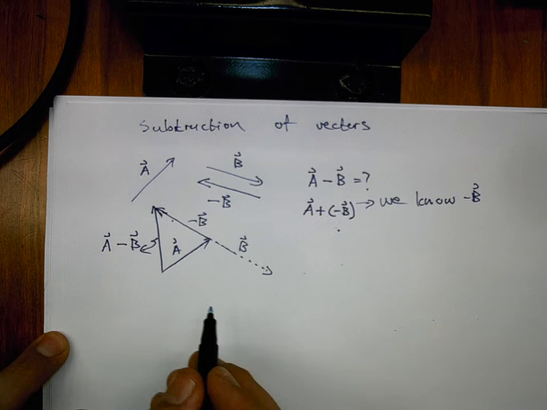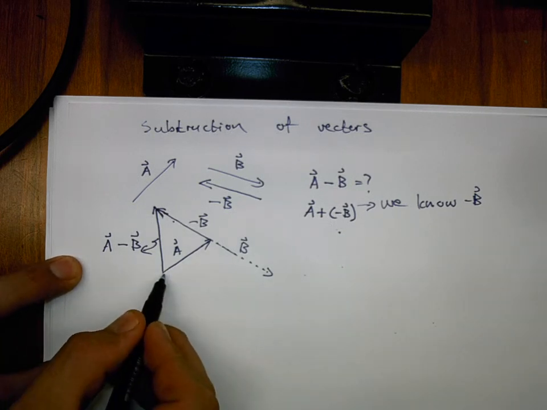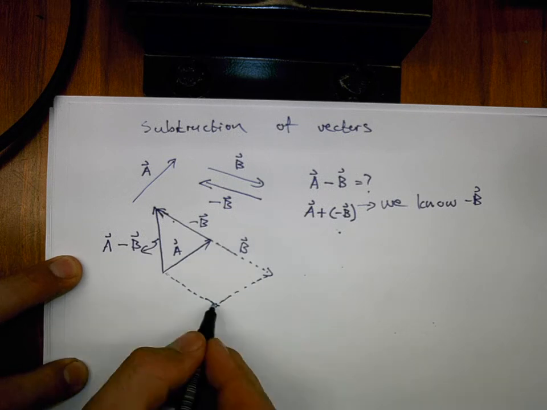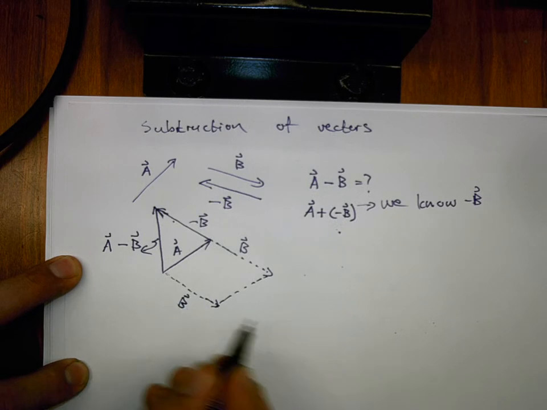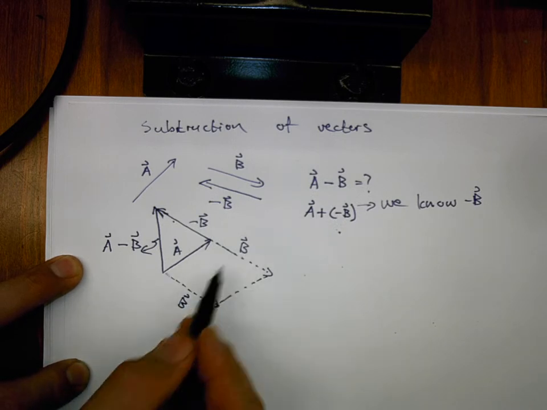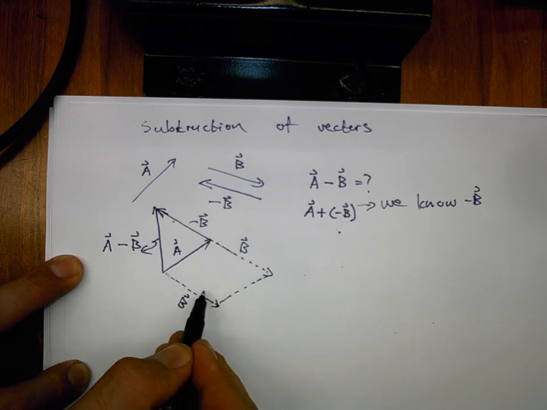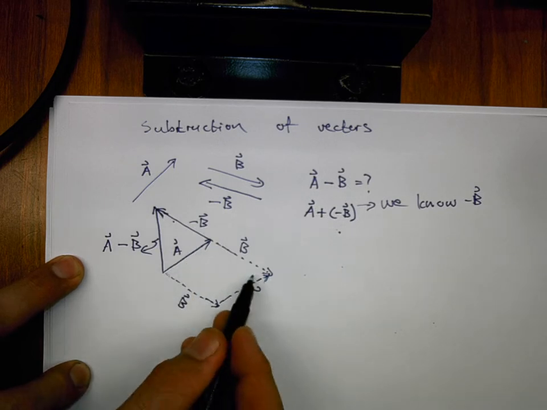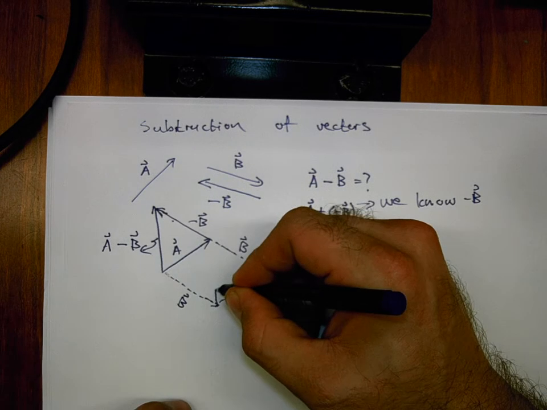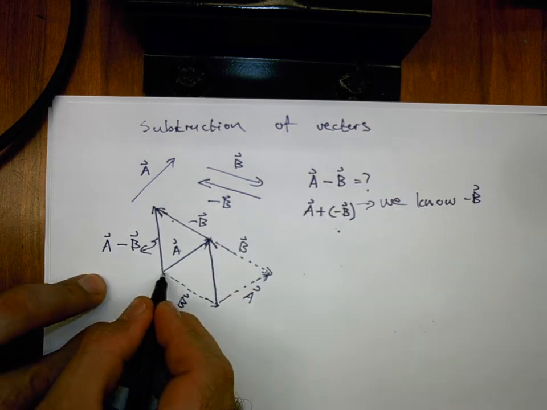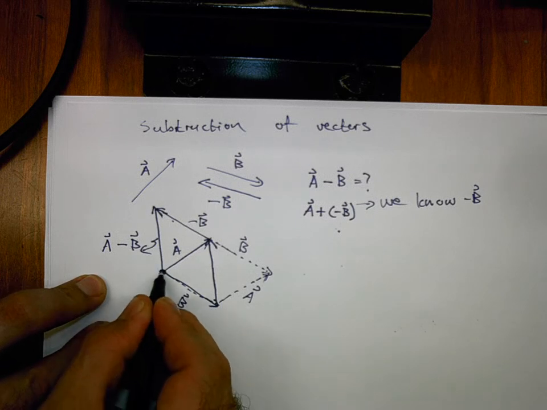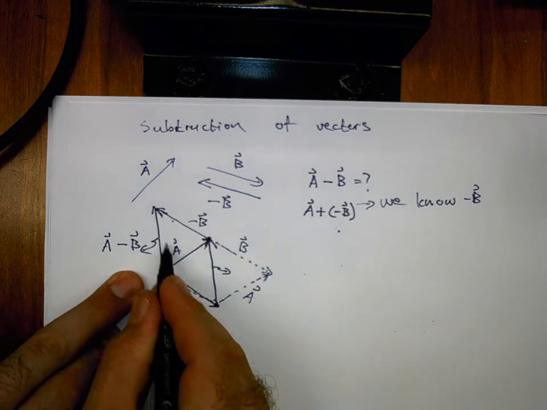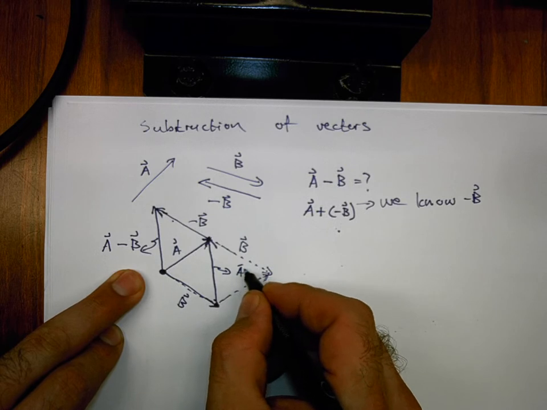Now, I can also, if I draw a parallelogram, say that this side has the same magnitude and points in the same direction as vector B, so it's equal to vector B. That side has the same magnitude and the same direction as A, so that is like vector A. And if I look carefully here, if I draw A and B from the same point and connect the tip of B to the tip of A, what I end up with is exactly the same as what I've got over there, which has to be vector A minus B.